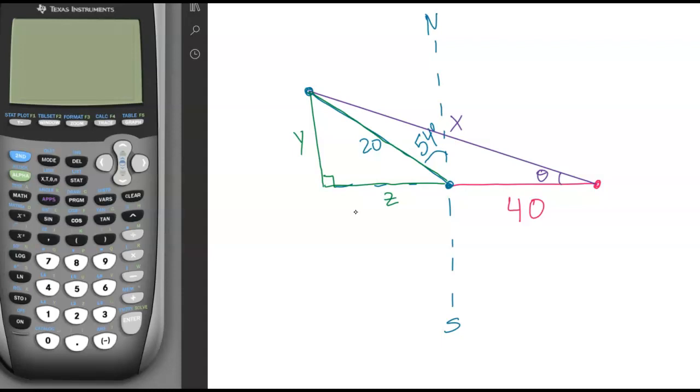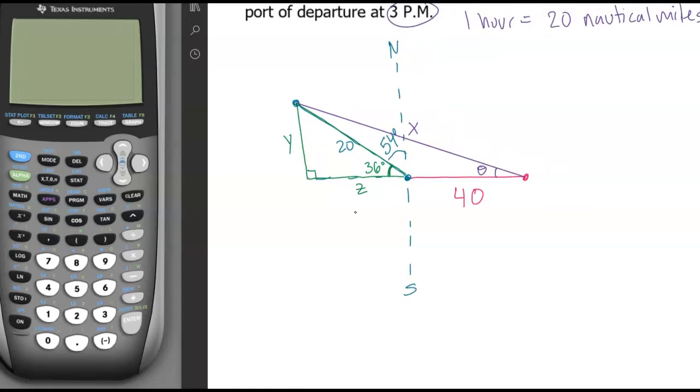Right now we don't have an angle inside the green right triangle, but we know that the 54-degree angle and this angle right here create that 90-degree angle. So to get this green angle, we just do 90 minus 54, and we know that this is a 36-degree angle. So we're going to have to solve for two things here: first y, and then also z.